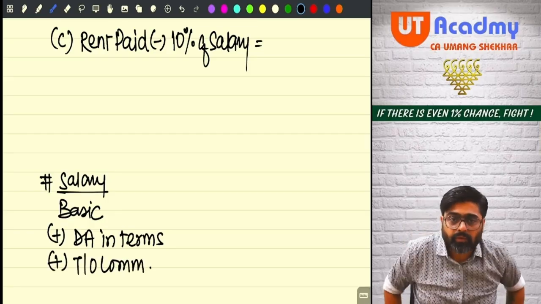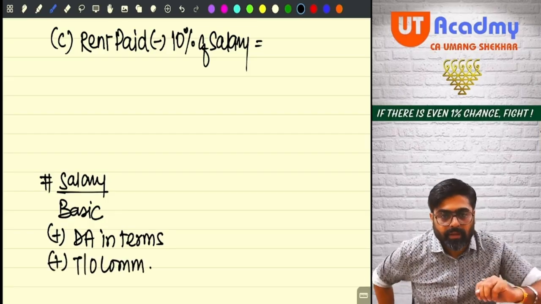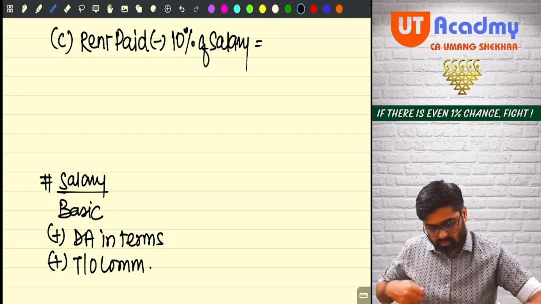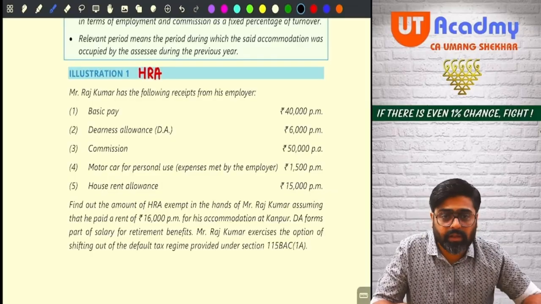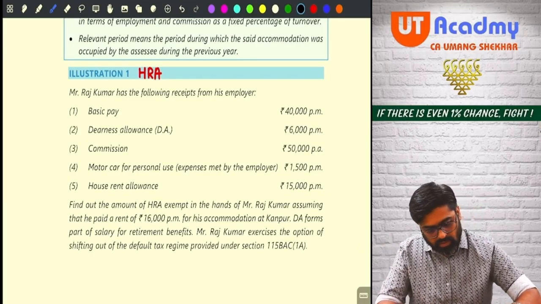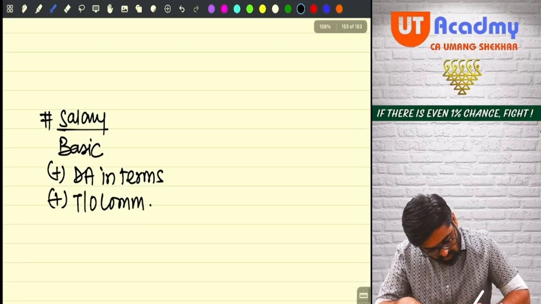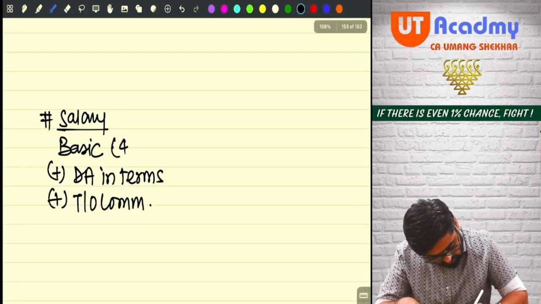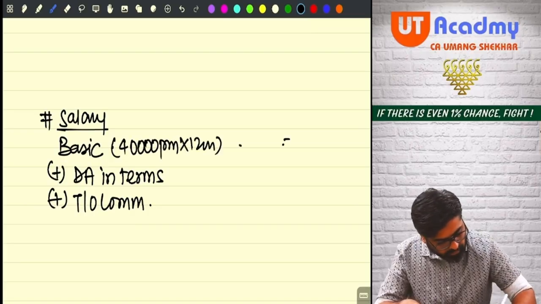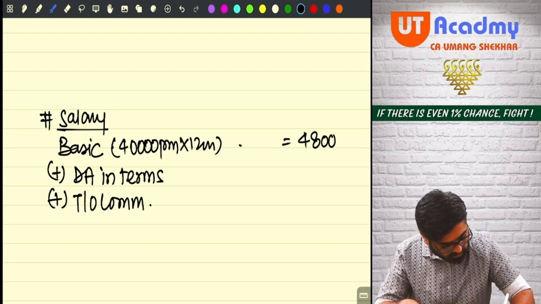Now tell me how much basic salary becomes due in these 12 months? 40,000, and it remains the same throughout the year. So 40,000 into 12 will be 4,80,000.